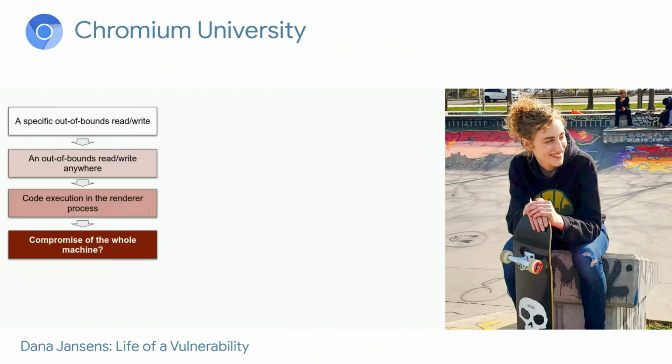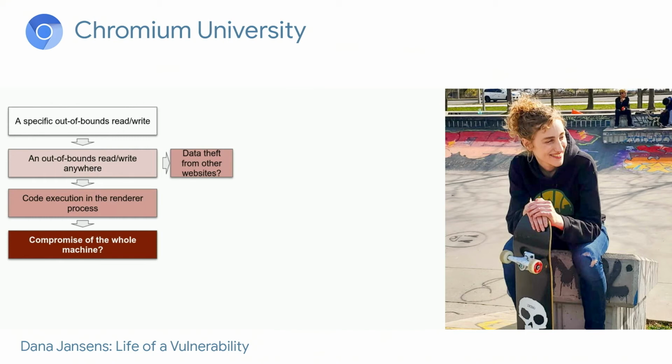So what could an attacker do now that they've got the ability to read and write anywhere in the process? Potentially, there are other websites running in that same renderer process. So they could steal credit card details, steal your industrial designs, maybe even move your bank balance around or blackmail you.